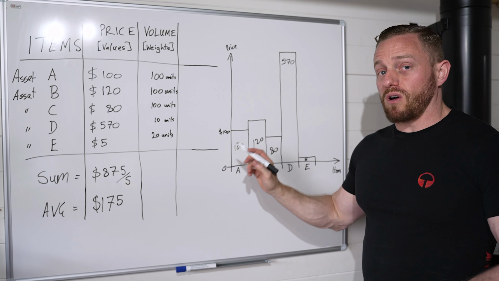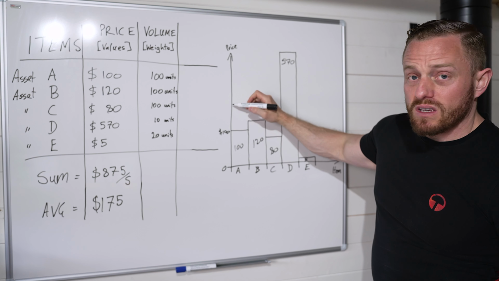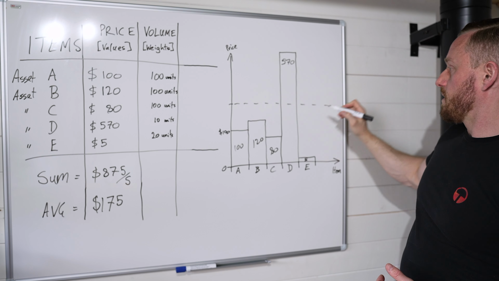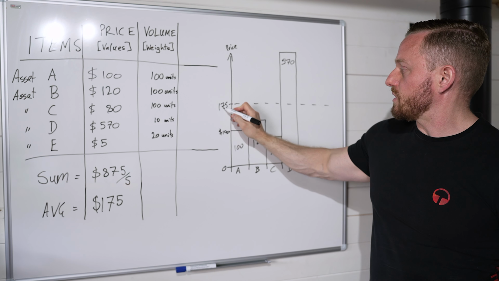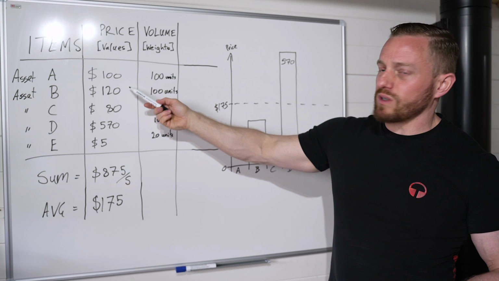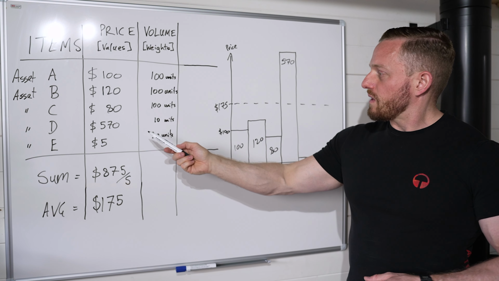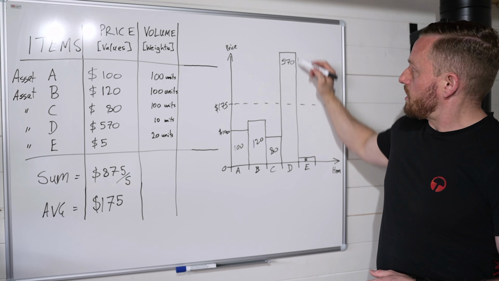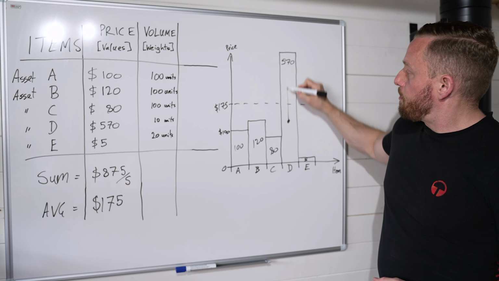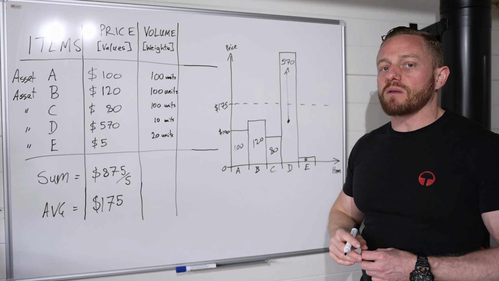So if I plot that average price on the price chart, it would come in somewhere around here, 175. Now, you may have noticed the first 3 assets, all their prices are around $100. However, because asset D has such a higher price than everything else, this is kind of pulling up the average price of these 5 assets in the basket.